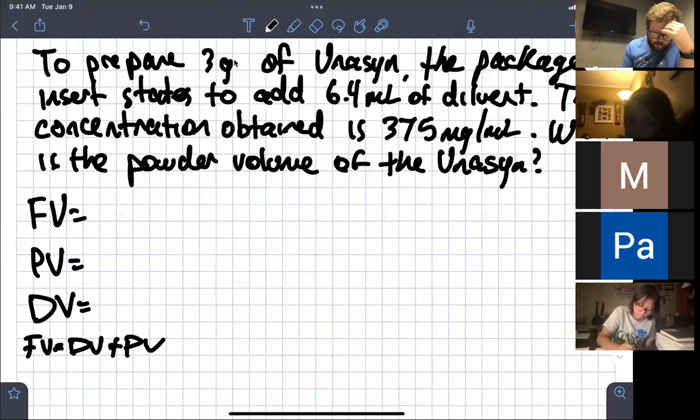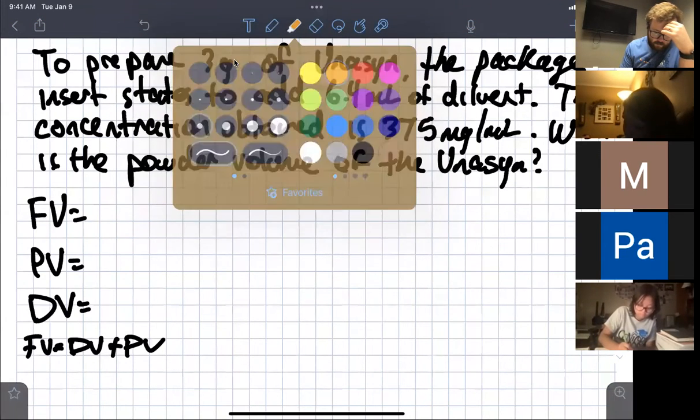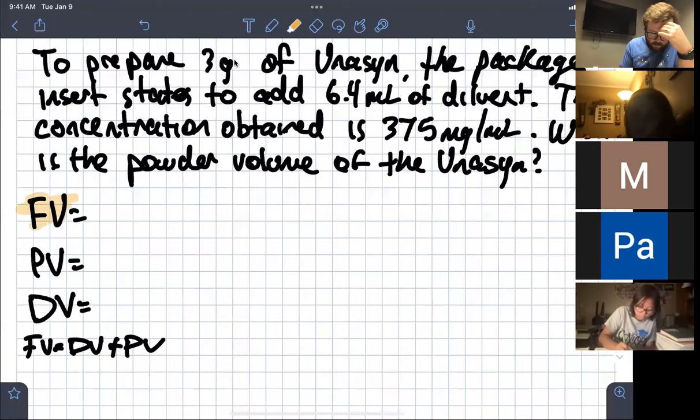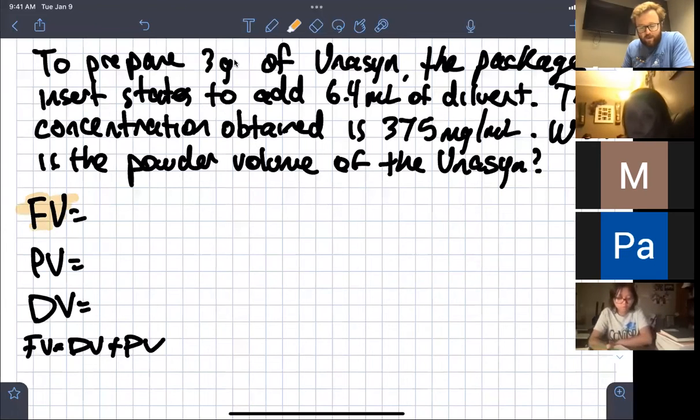Okay. So once again, I'm going to start highlighting. All right. So FV. Do I have an FV in that problem? Not really, right? So if you look, this is not my FV. That's the final concentration. Okay, we'll talk about that.